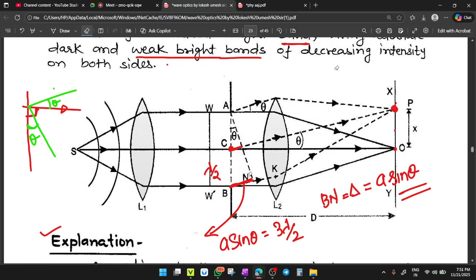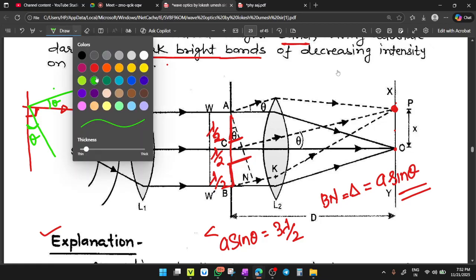Just check. 3 lambda by 2 means this whole pattern of wavelets can be broken into three parts. The first part has a path of lambda by 2, another also lambda by 2, and another also lambda by 2. So lambda by 2 plus lambda by 2 plus lambda by 2 equals 3 lambda by 2. Clear or not?